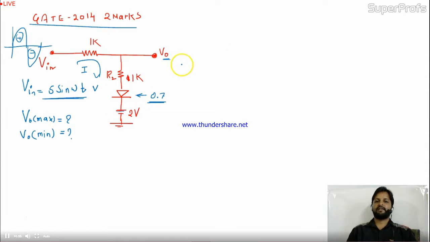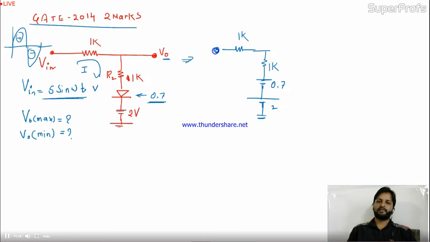So let's take the condition. 1K, and when diode will work, the drop will be 0.7, perfectly fine. Here the 2 volt like this, and this is V in, and the current is I. Okay, when you will find out the current I, it will be V in.